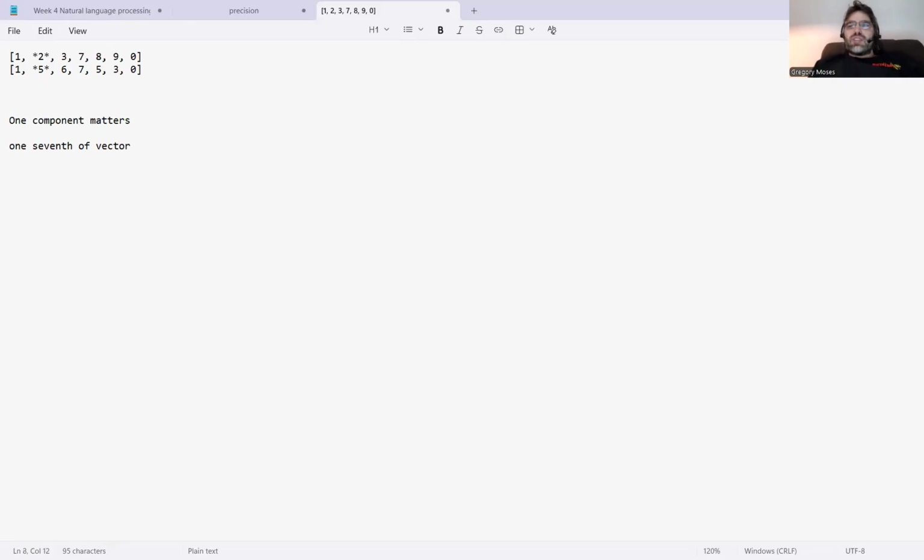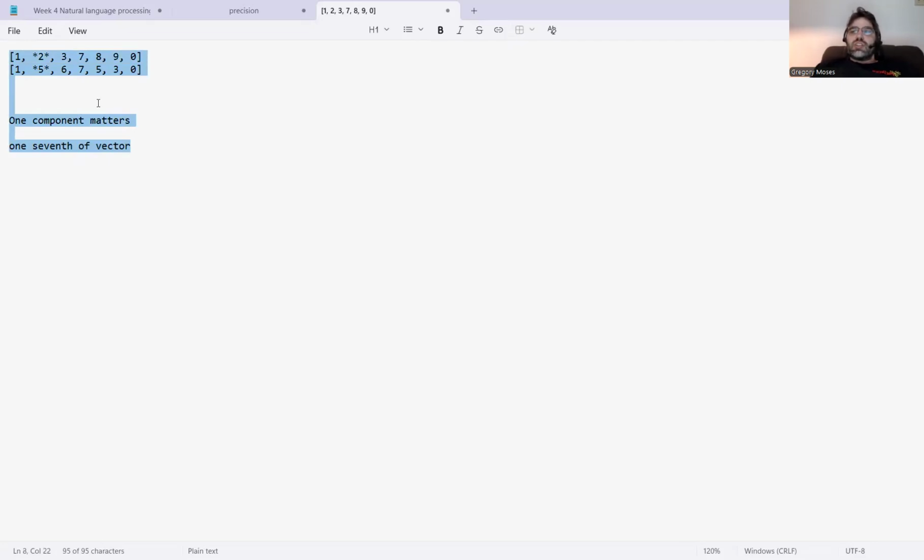So obviously a pretty informal way of thinking about it. But the more dimensions there are, the more noise there is, and the harder it is to retrieve useful information.